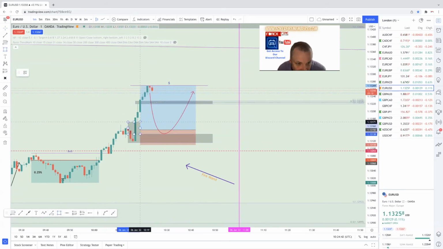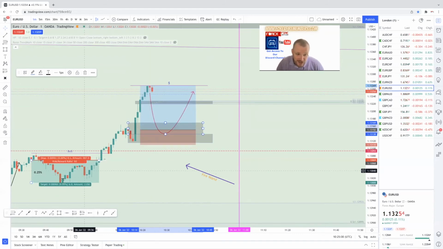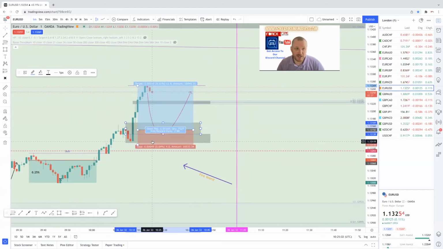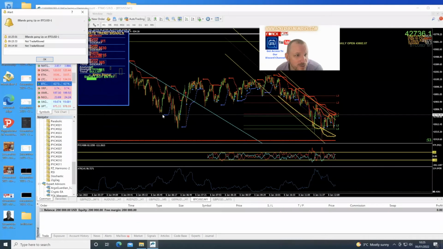We've got an area here, and that's more or less the entry, the 50% on there. You see what I mean? That's imbalance in itself there. So we're looking at the 50% inside of that imbalance as an entry point. So again, I'll just go on about how this initially drove and pushed up to the higher side, to be fair. I just want to look at something else as well.